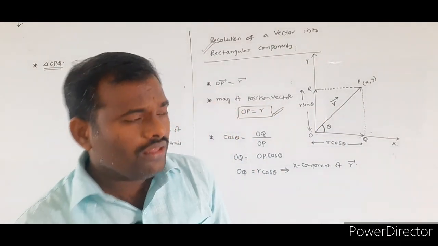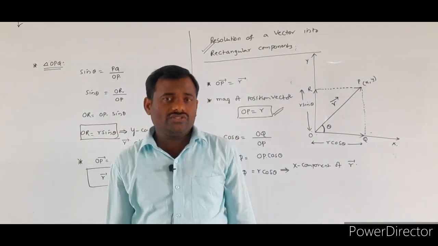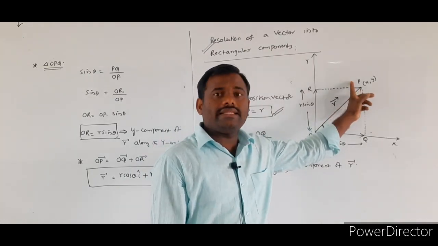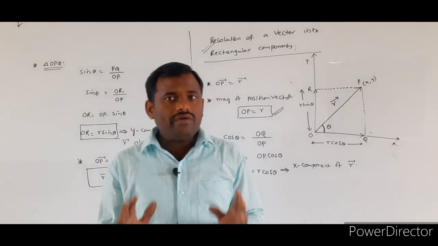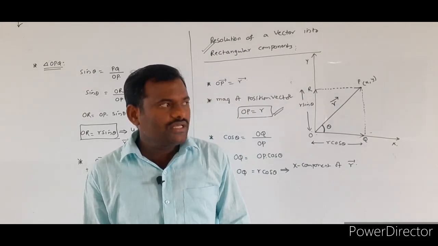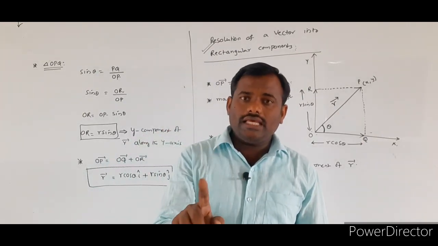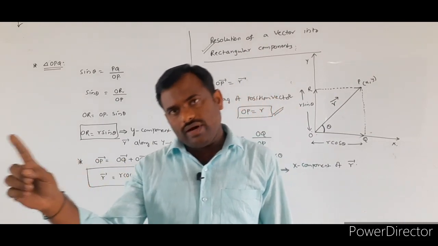Here we discussed two methods. One is by considering their coordinates. Whenever you consider the coordinates, you write that R bar is equal to x i cap plus y j cap.